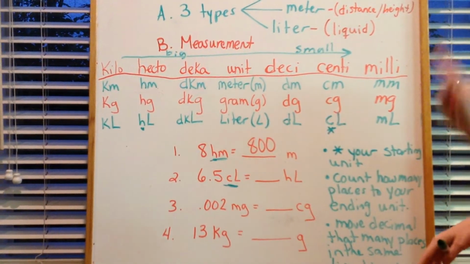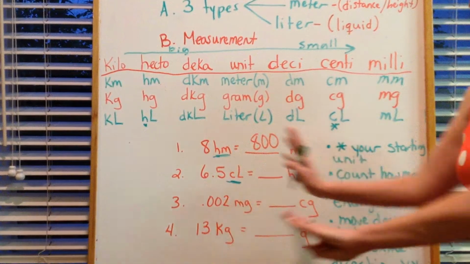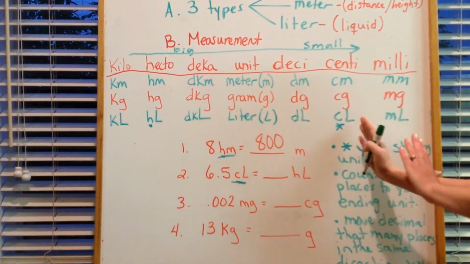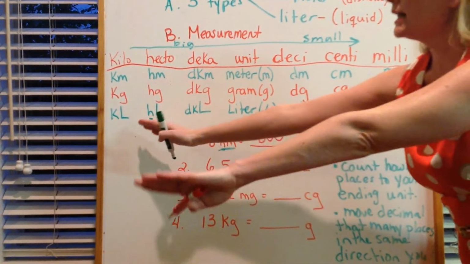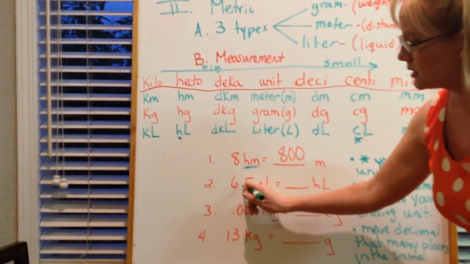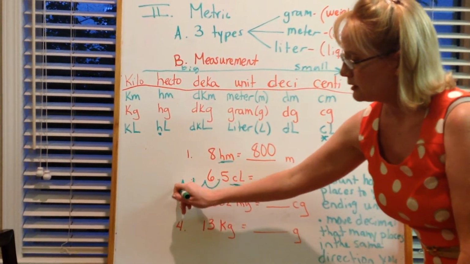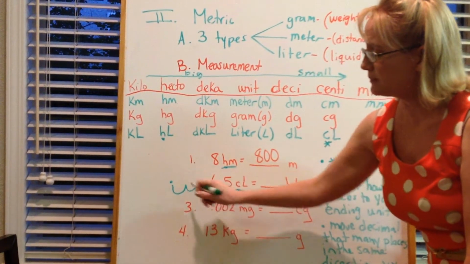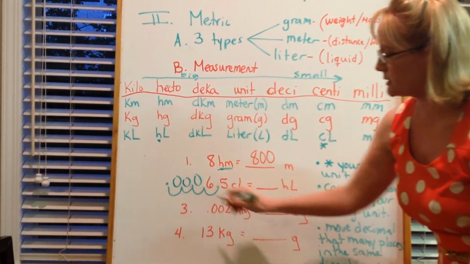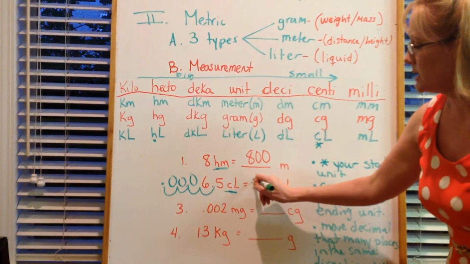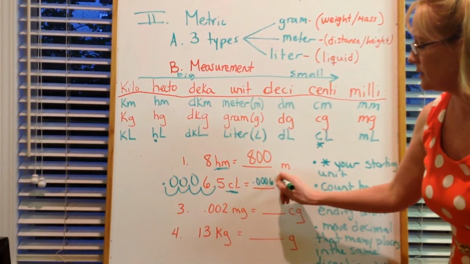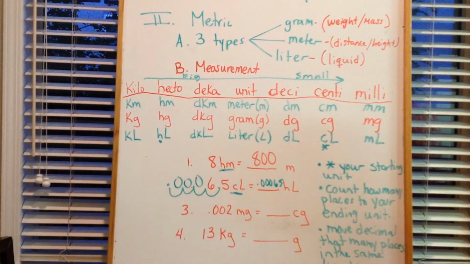So we're going to move our decimal 4 places. And what direction are we going to move it? We're going to move it to the left. I know because I'm going from kiloliters to hectoliters. So this time I'm going to move it to the left. 1, 2, 3, 4. And what do we put in these empty places? Zeros. So 6.5 kiloliters is the same as 65 10,000ths hectoliters.